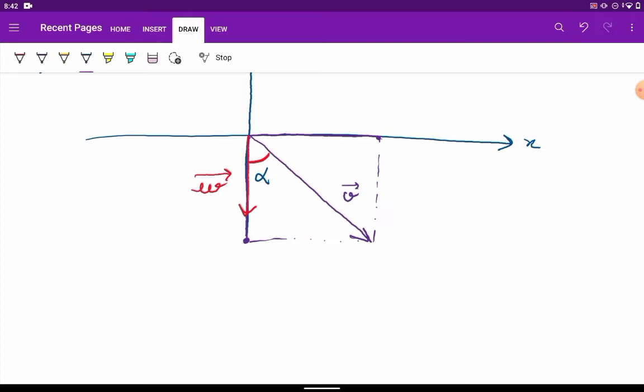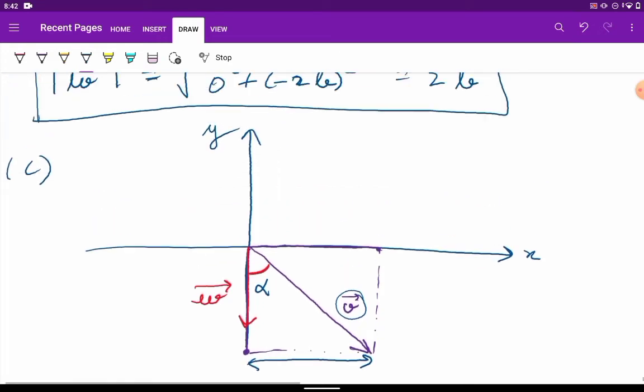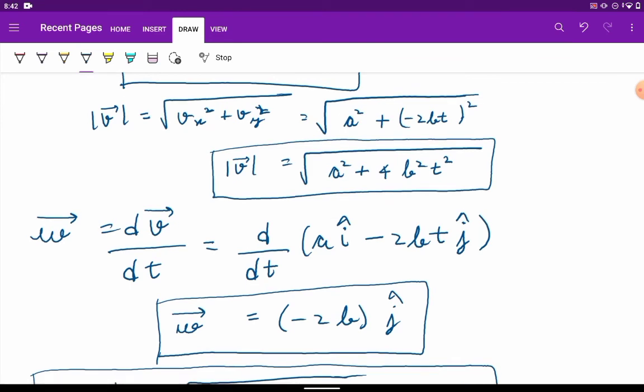So if we simply see what tan alpha is, it's basically the angle between the velocity vector v and the negative y axis. So this distance is the x component, and we already know the x component of v is a.